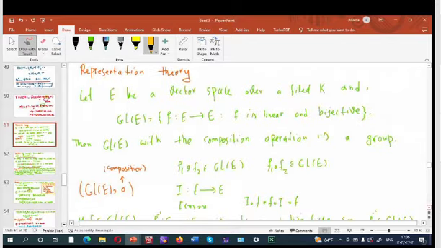On the other hand, for any f in ck of G, ρ_G(gh) of f of x equal to this, because if we consider this function, it is equal to f of x multiplied by gh, and this is the next line.